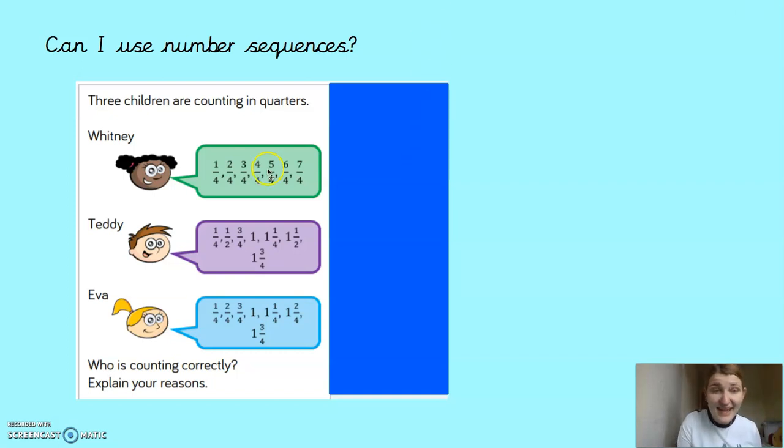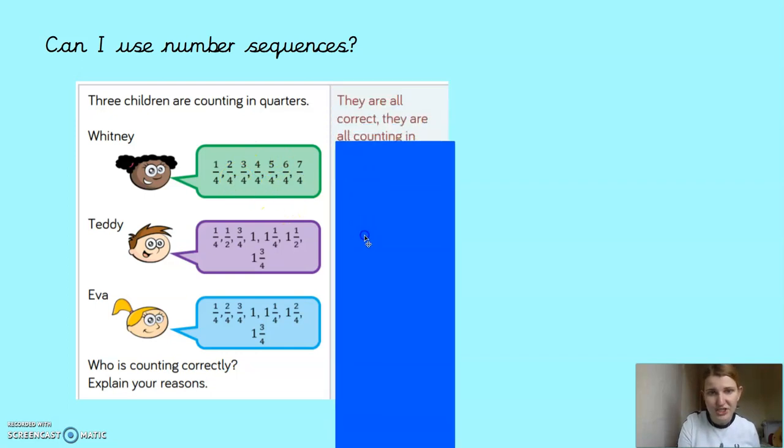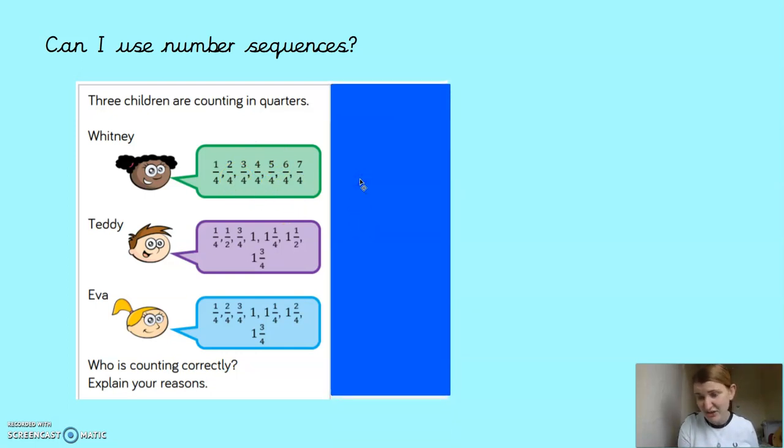Right, well, Whitney is technically correct in what she's doing. She's adding a quarter each time, but she's just given me a mixed or an improper fraction. Sorry, when we get past 4/4, she should have converted that. So she is correct, but she should have converted it. Teddy's also going correctly. We can see he's converting it as he goes.